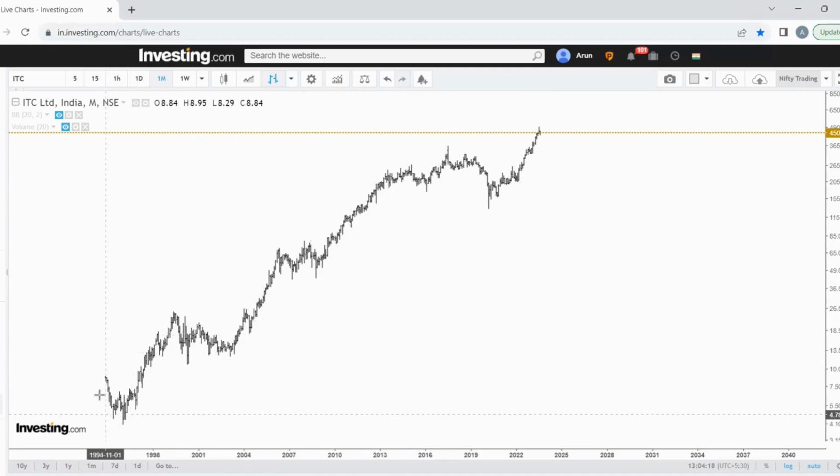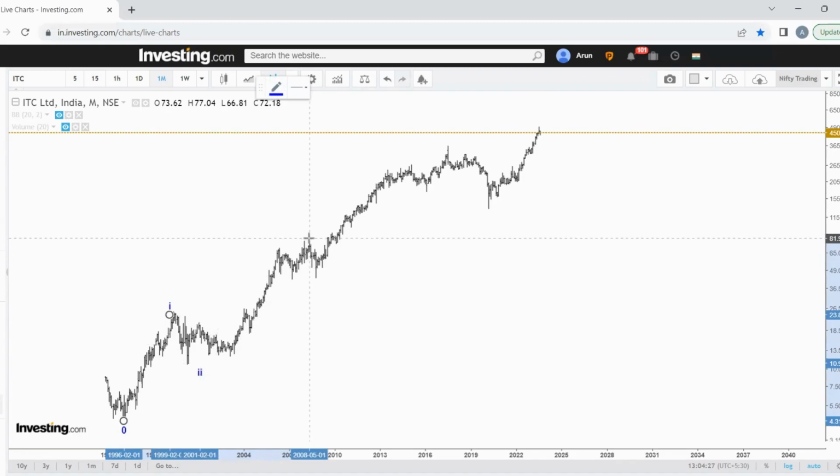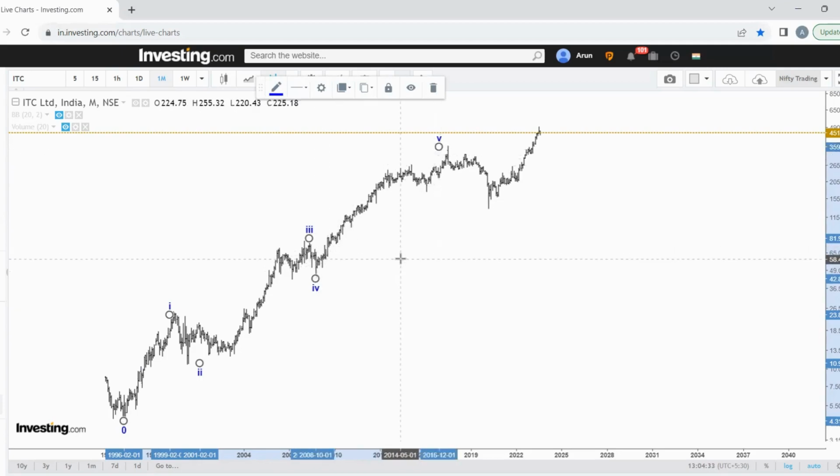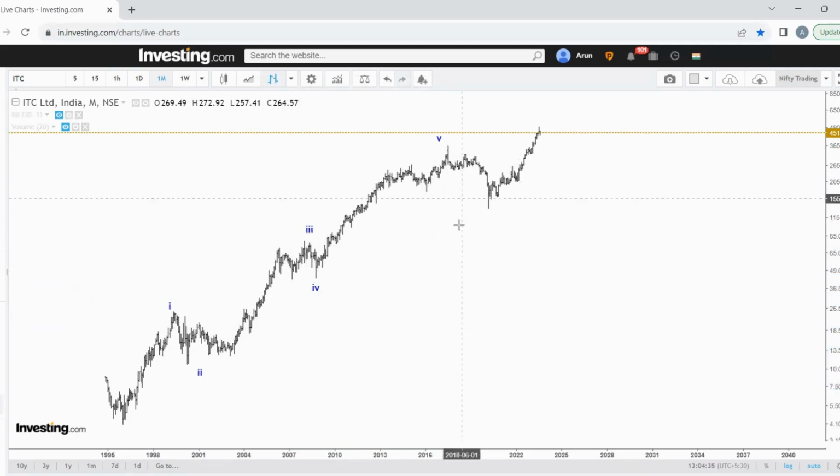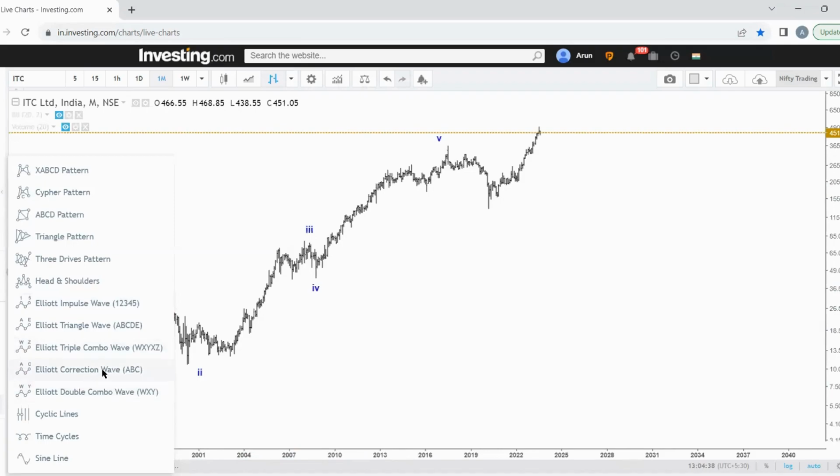So this entire thing, right? 1, 2, 3, 4, 5. So this entire thing can be in big wave 1.